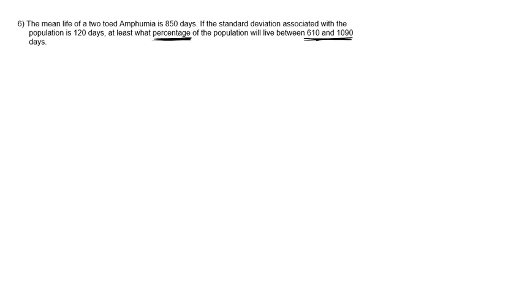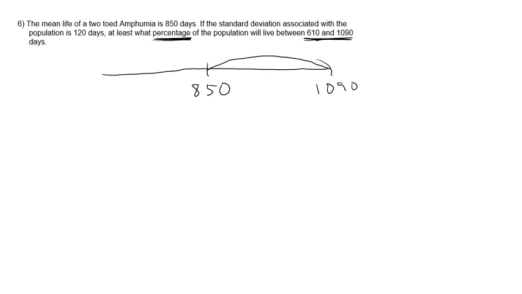So we are going to be working with Chebyshev's formula. But again, since we have the interval, our first step is to determine the distance from the mean to an endpoint. That distance is 240.